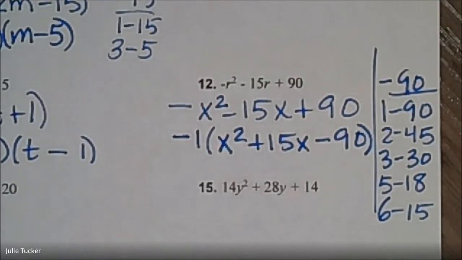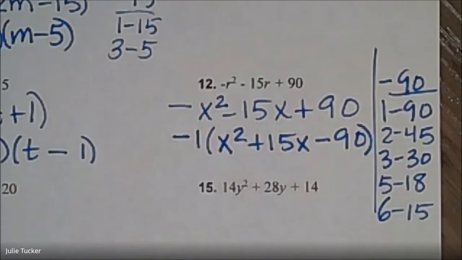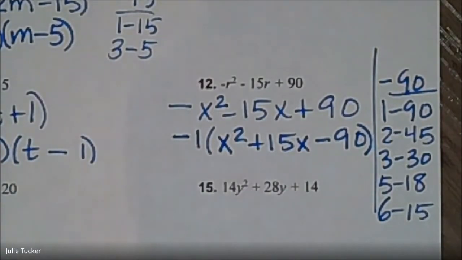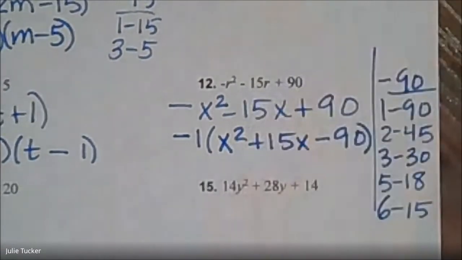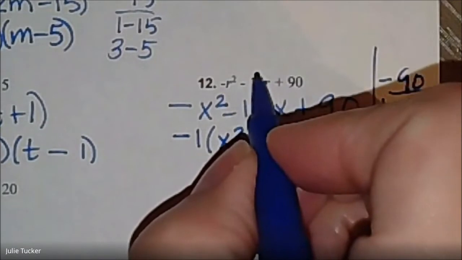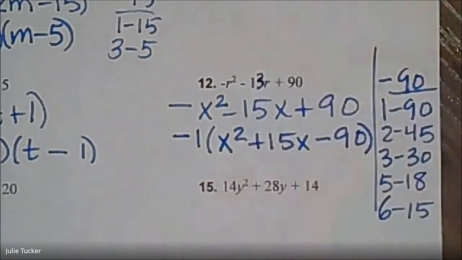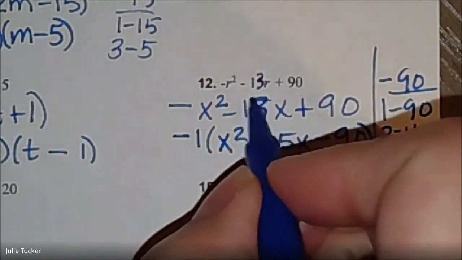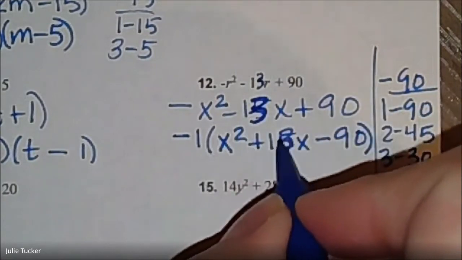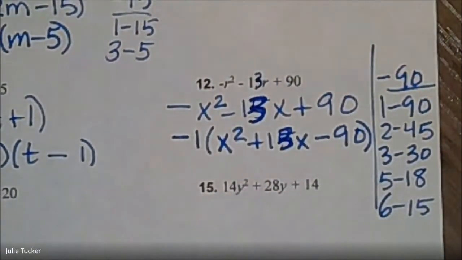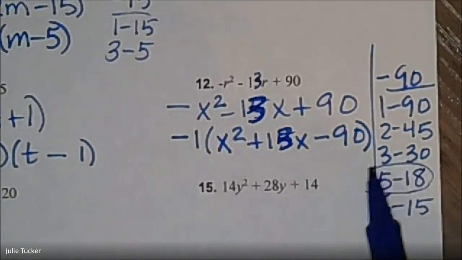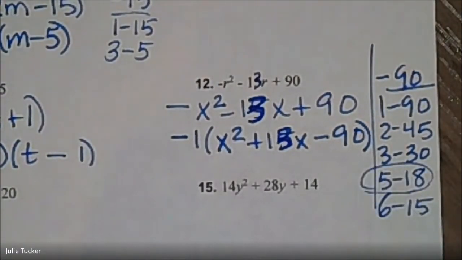Interesting. Yeah, because the only way we could do it is if this had been a 13. Maybe that's what I was supposed to make it when I wrote the problem. Let's just do it with a 13 instead. So if it's 13, then it's 5 and 18, right? Okay.